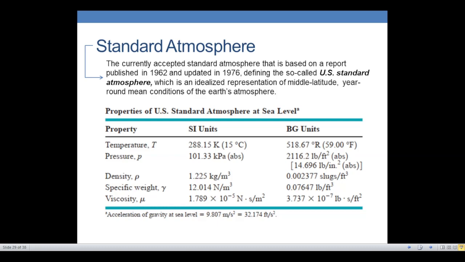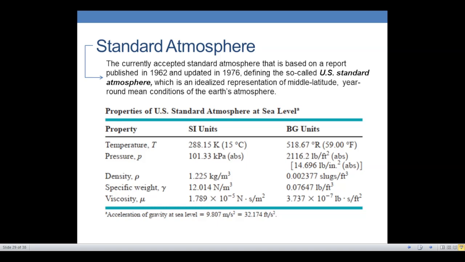They call it the US standard atmosphere. And as I've said, this is the idealized representation of middle latitude, year-round mean conditions of the Earth atmosphere. We have here in the table the properties of the US standard atmosphere at sea level.